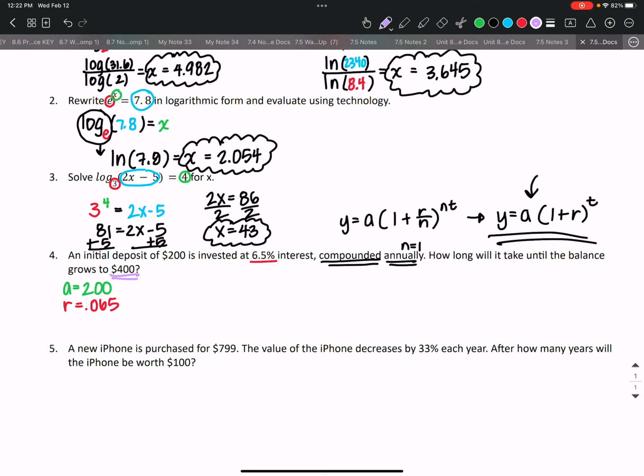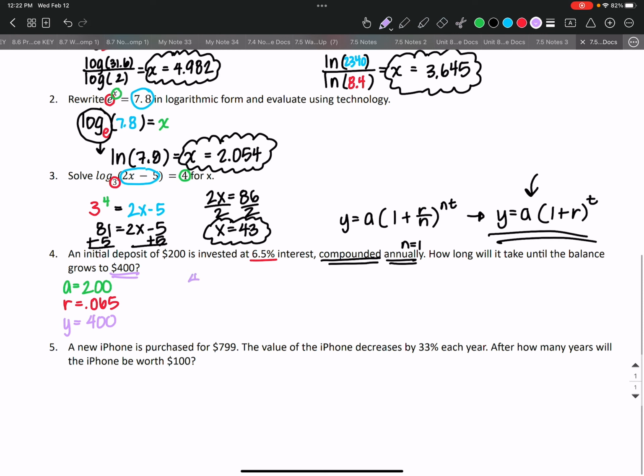It's telling me how much the bank account's gonna grow to. And that is my y value actually. So when I plug these things into this equation, I'm gonna have 400 is equal to 200 times 1 plus r, which is 1.065, to the t power, and I need to solve for what t is.